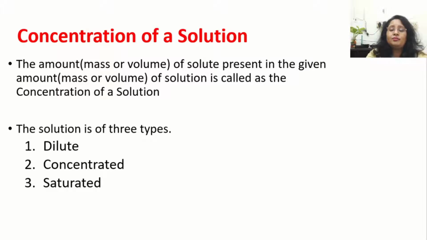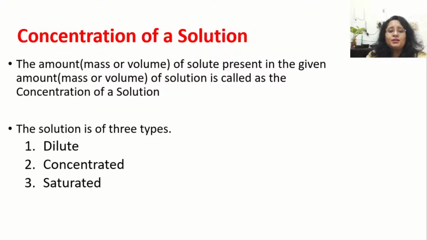Earlier we knew that a solution has two parts, solute and solvent. So the simplest meaning of concentration is the amount of solute put in a particular amount of solution.